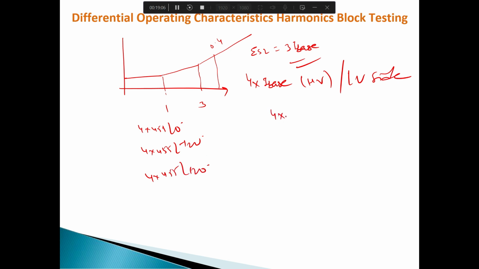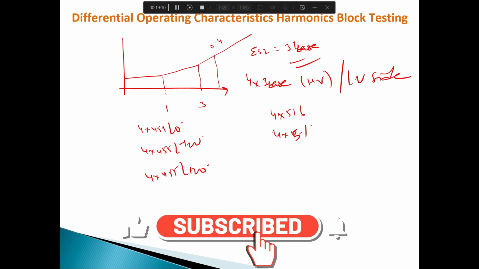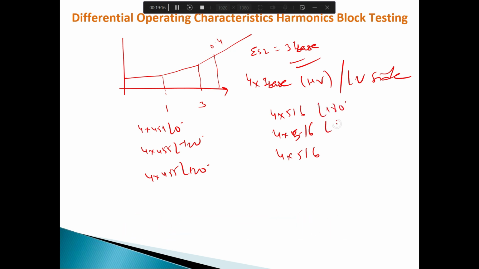Similarly, 4 times 516, 4 times 516, 4 times 516 at angles of 180 degree, 60 degree, and 300 degree. This is your HV, this is LV, and this is similarly the R, Y, B phases of both sides. At this point, the relay should remain stable.